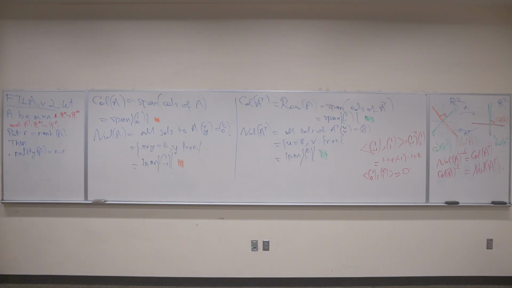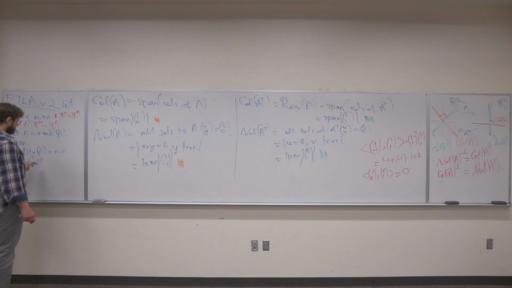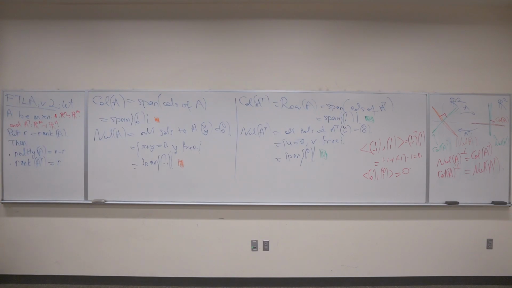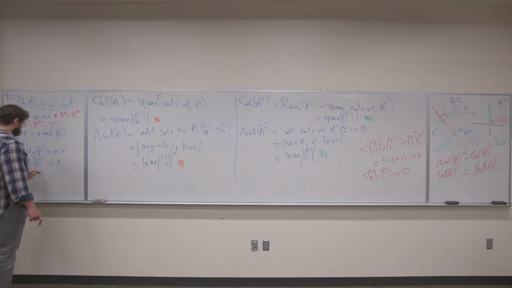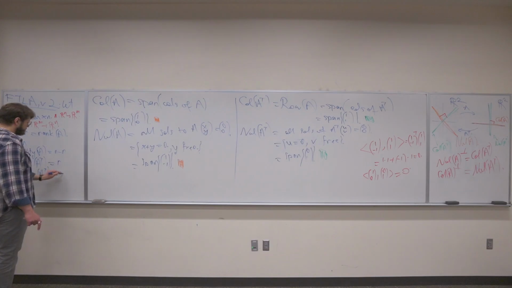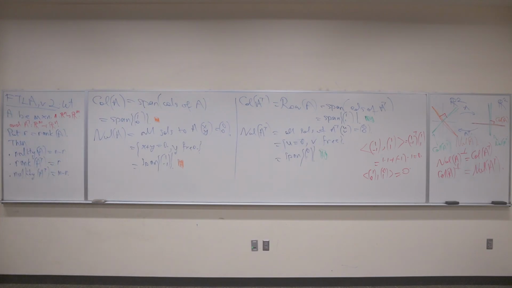If I were to look at the rank of A transpose, that is in fact the same thing as r. I'm not sure if we discussed this before, but when you take the transpose of a matrix, the rank doesn't change. Kind of surprising, at first at least. And consequently, if I were to apply the fundamental theorem to A transpose, I would get that the nullity of A transpose is m minus r. So these are the dimension counts.